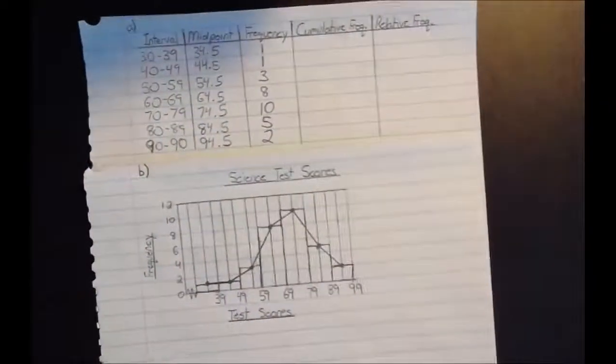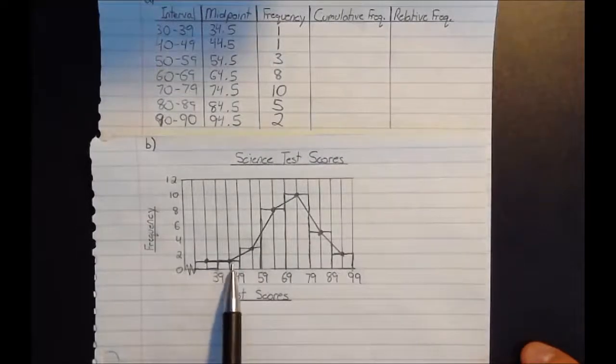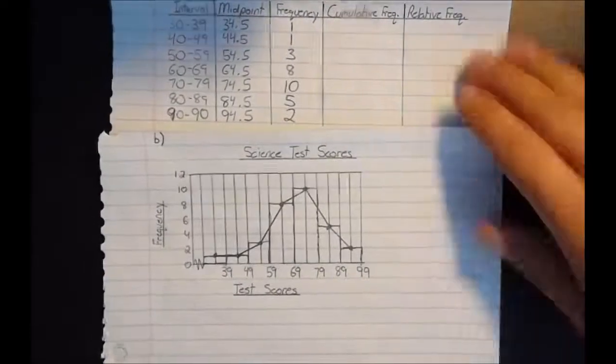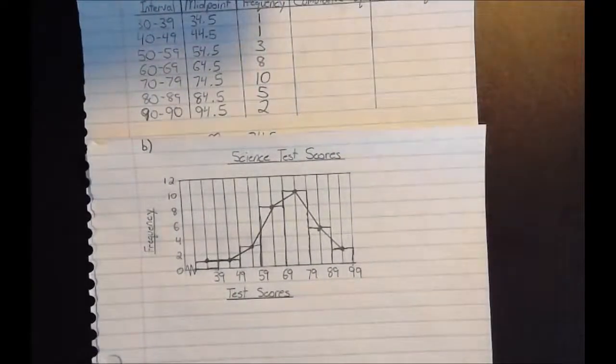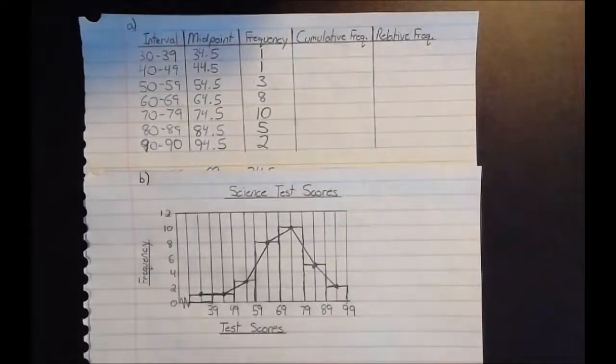Okay, so the frequency polygon is just shown by the connected lines of the midpoints, and that's about it there. So now you've constructed your frequency histogram and your frequency polygon. Okay, so that's part B.